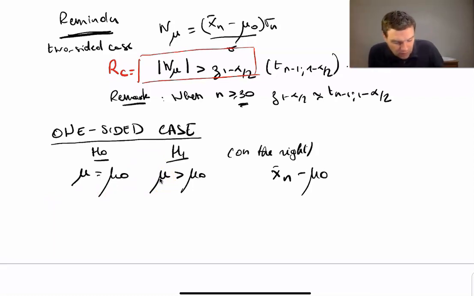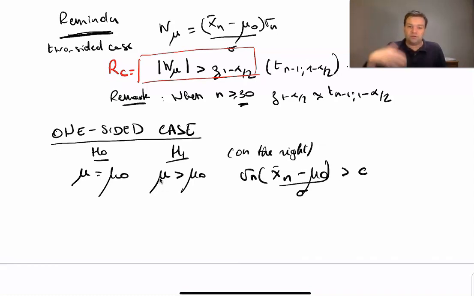That means larger than a quantity c, not the absolute value larger than c, but the value itself without modulus. In this situation, to make calculations easier, to have a statistic test, we introduce the statistic test W mu, but here the rejection region or the critical region will be this one.